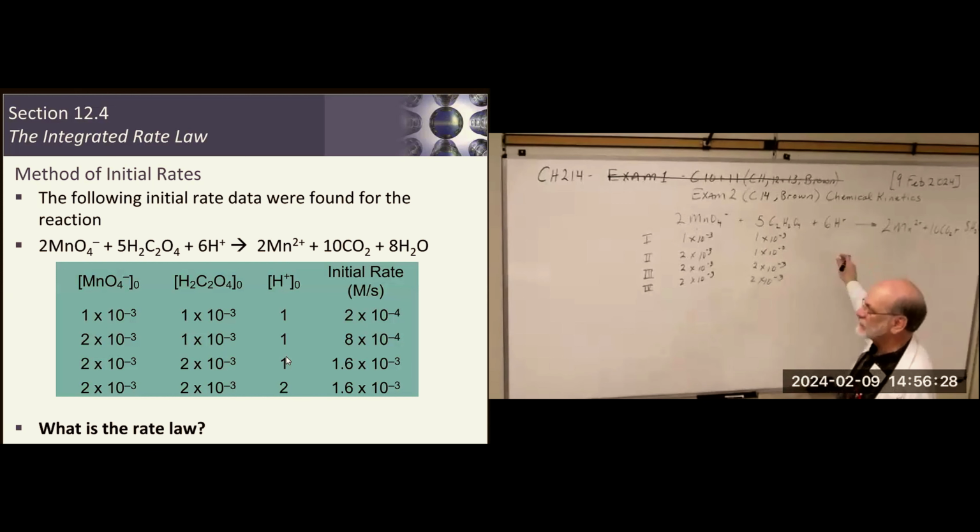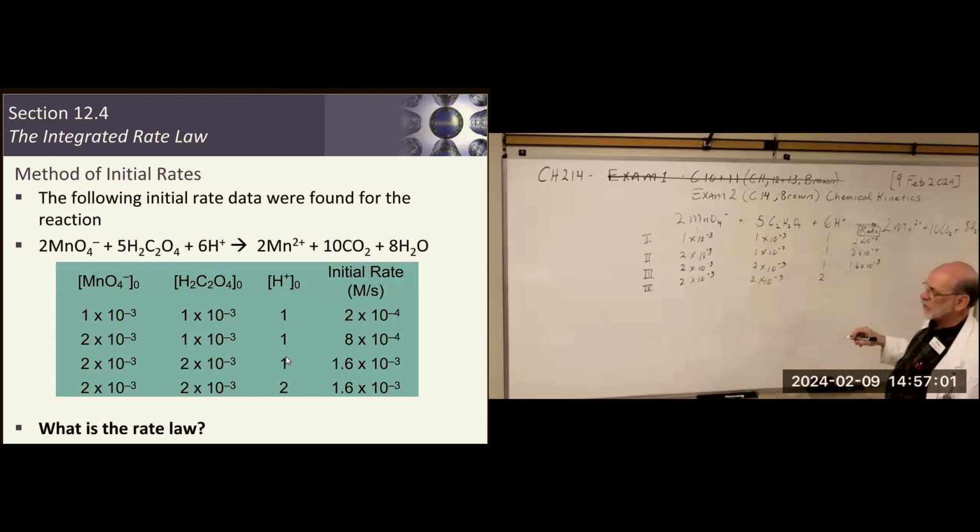And for this one, we have 1, 1, 1, and 2. And then we have a rate out here. The rate for the first experiment was 2 times 10 to the minus 4, and 8 times 10 to the minus 4, and 1.6 times 10 to the minus 3, and then 1.6 times 10 to the minus 3. If you make this 10 to the minus 4, that'll be 16. So it's like 2, 8, 16, 16.